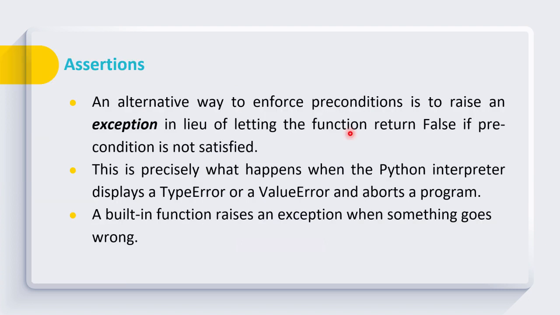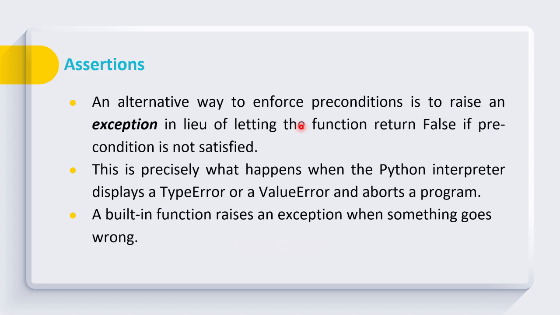In previous sessions we have enforced preconditions by using if conditions. And in these situations, if the precondition is not satisfied, the function is returning false. There is an alternative way to enforce preconditions: to use the concept of exception.